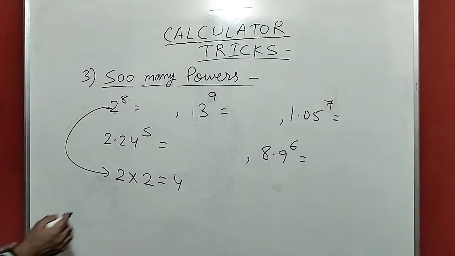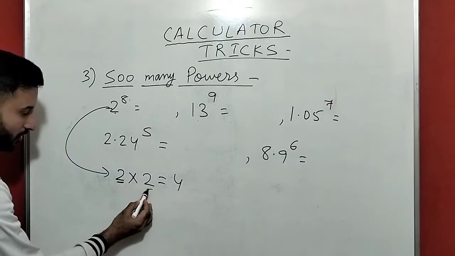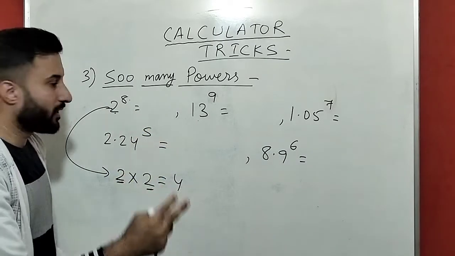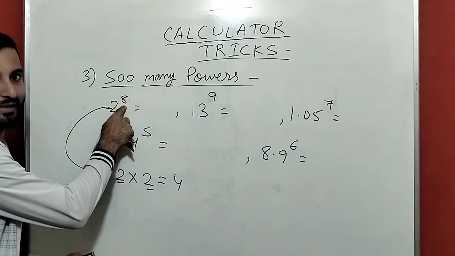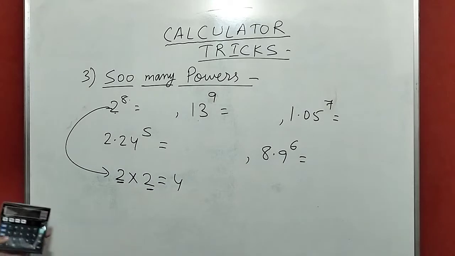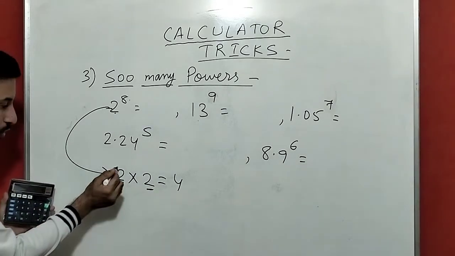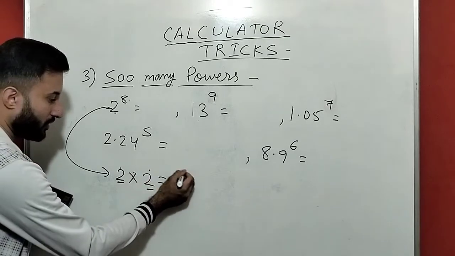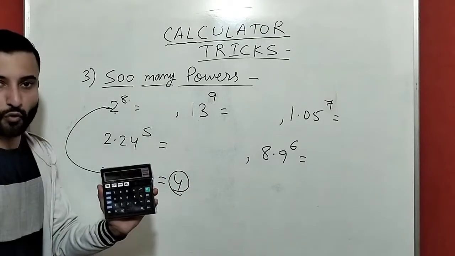How many times did we take the 2? We took the 2 two times. How many times do you have to go? 8 times. So in the calculator, first we typed 2, then into 2, equals, and we got the answer 4.